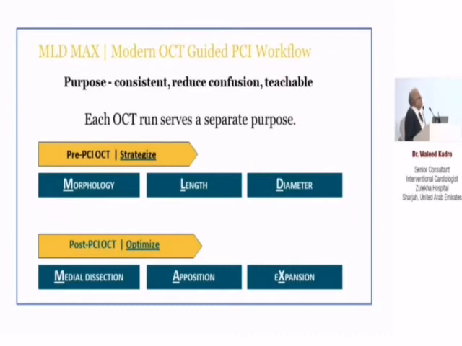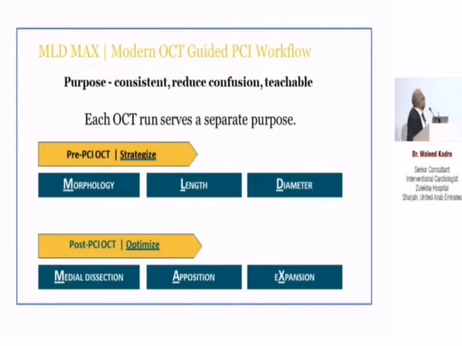So we'll wait for the OCT, but however, the protocol for the OCT is that you do a run before intervention, you do a run after each step of intervention, after stenting, after optimization, after POT, and after post-dilation. Because it's a simple catheter, it's not comparable to the IVUS. And with that, we look for the MLD MAX.